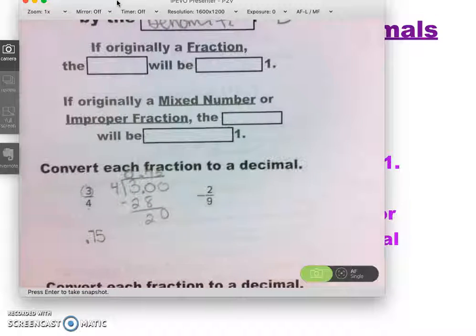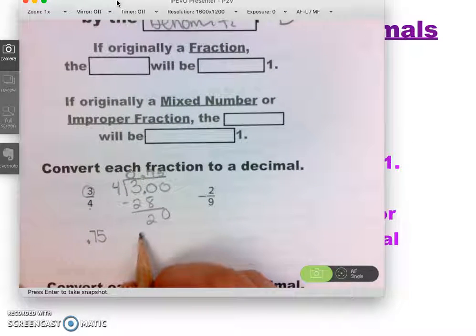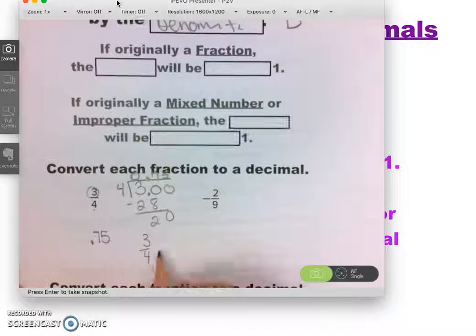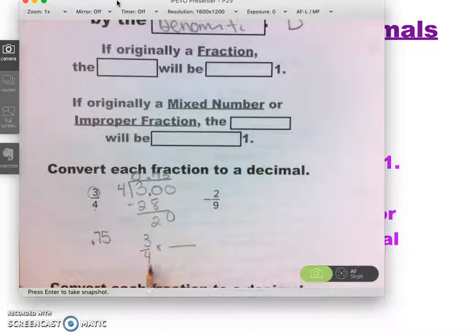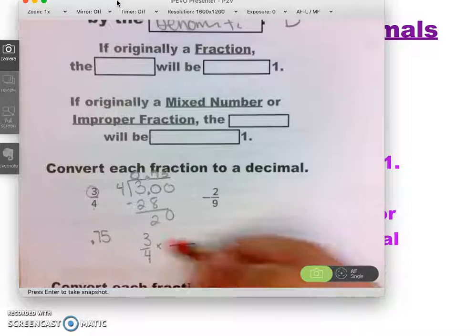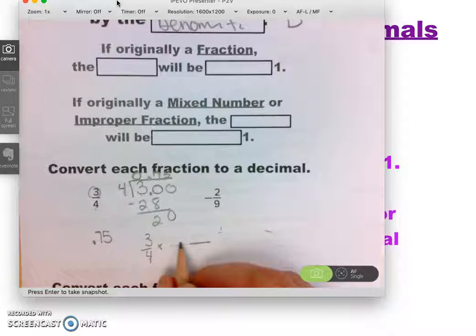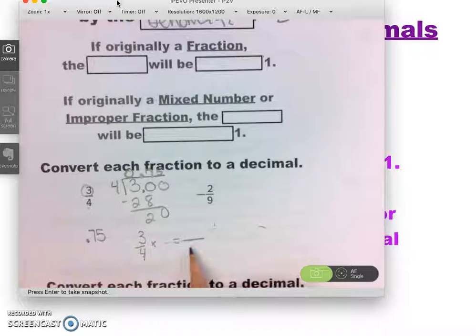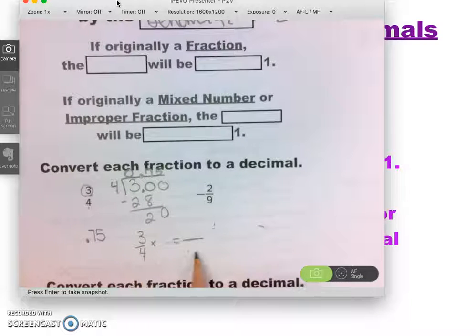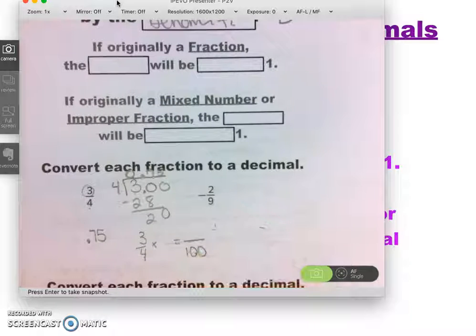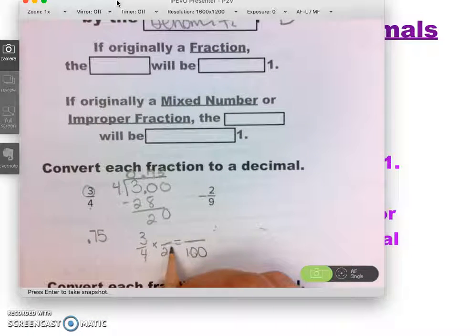Now, there's one other way that you can do this without doing the long division, where I can multiply this 4 by something to get it to a 10, or 100, or 1,000. Well, I'm going to start with 10. Can 4 get to 10? No. Can it get to 100? Yes, I can multiply it by 25.